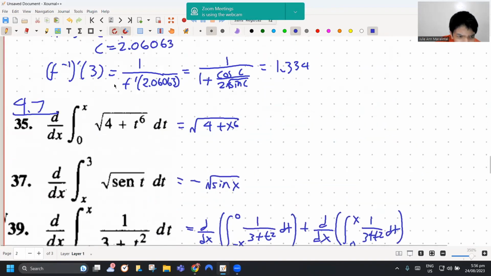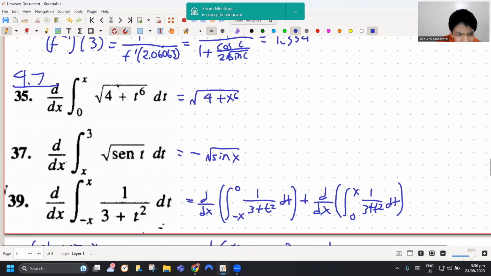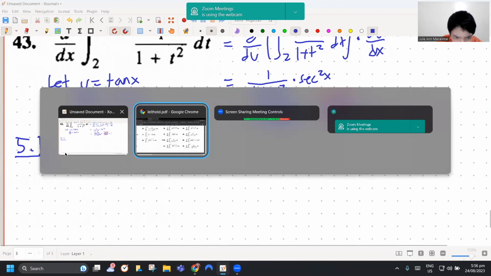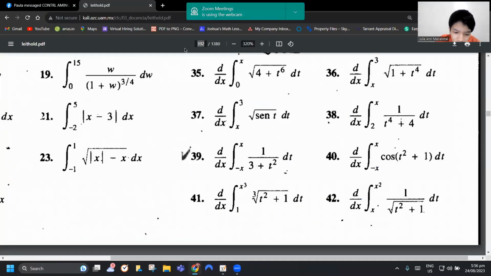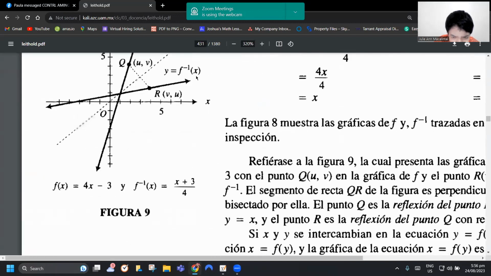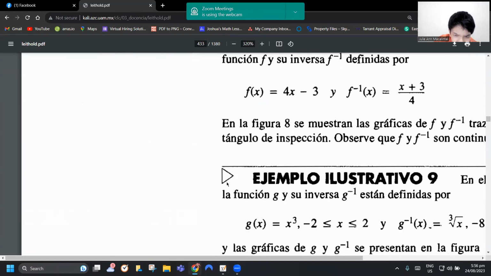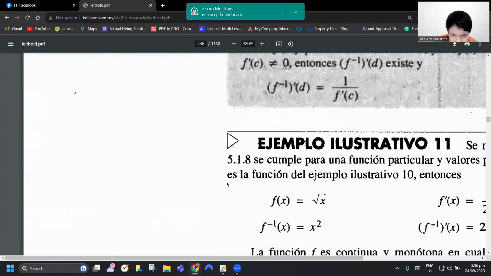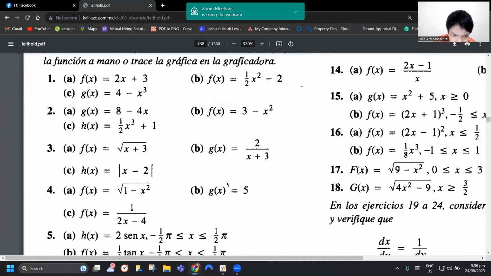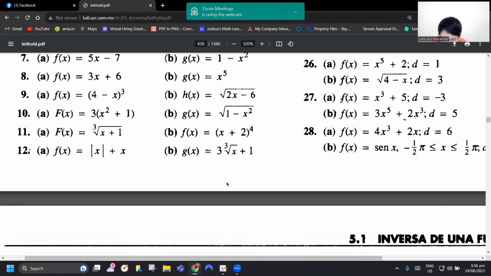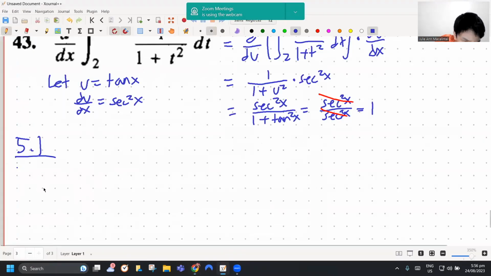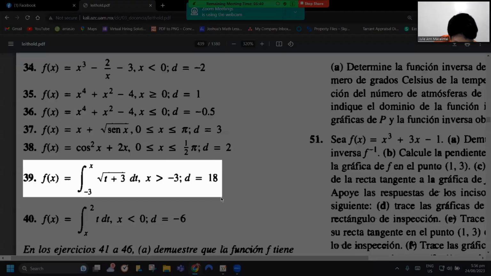Ang function natin ay F of x equals integral from negative 3 to x of square root of t plus 3 dt, x is greater than negative 3, and we want the value where F equals 18.